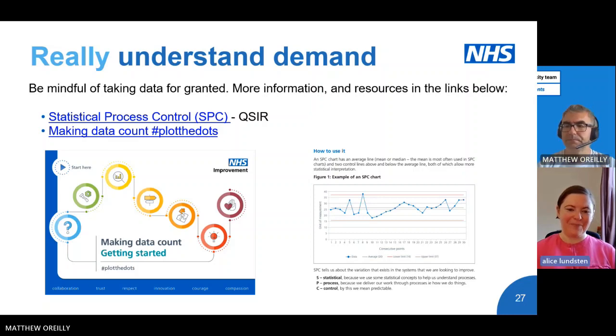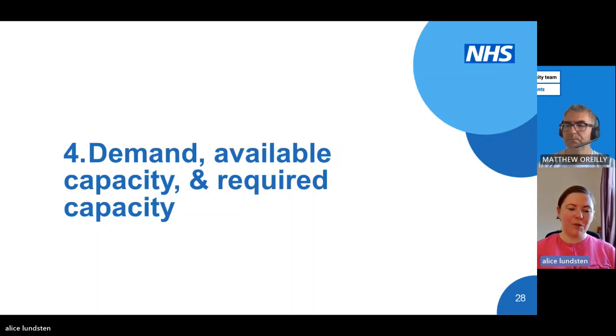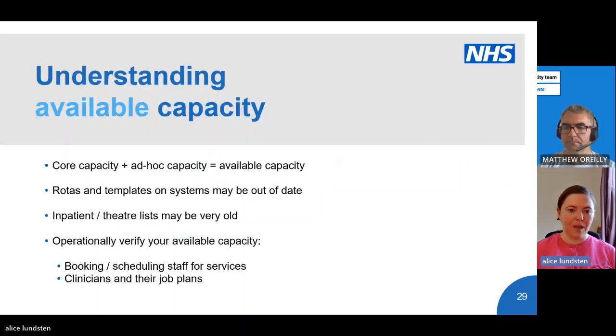Thanks, Matthew. So hopefully that's given you a good understanding of the principles. We're now going to have a look at demand, available capacity and required capacity, so the main metrics that you use in the modelling when you're planning things. So first of all, understanding available capacity. Your available capacity has got two main metrics: your core capacity and ad hoc capacity.